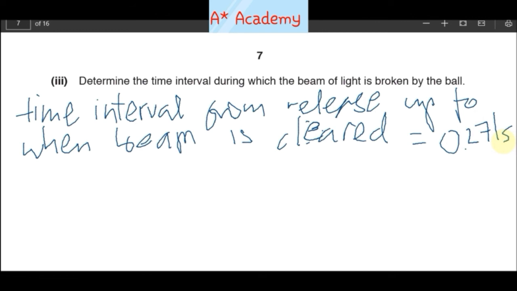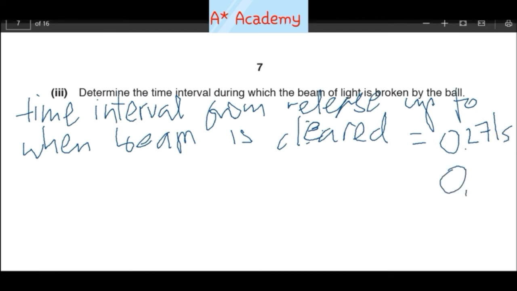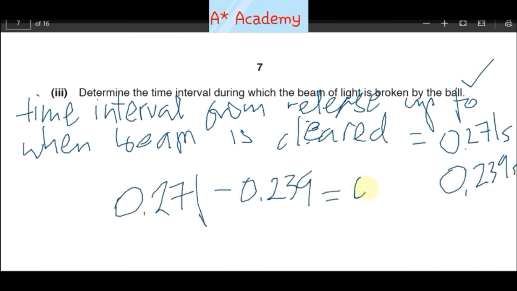And the time interval from release up to when the ball reaches the beam is 0.239 seconds. So the difference, 0.032 seconds, is the required time interval.